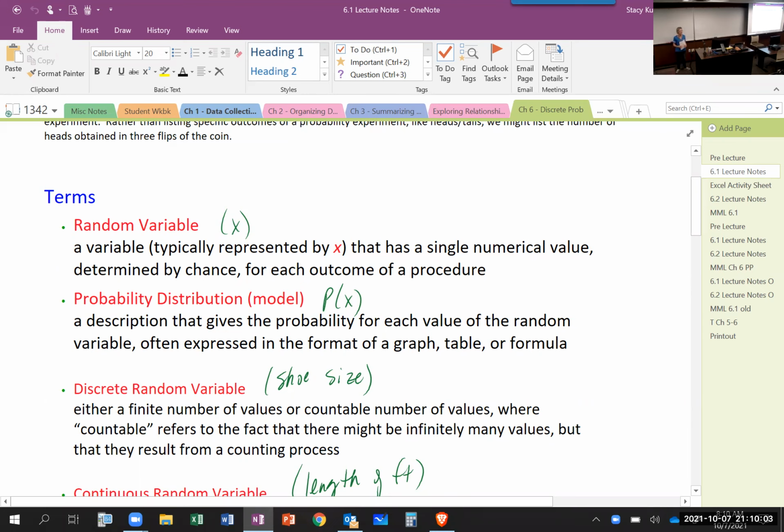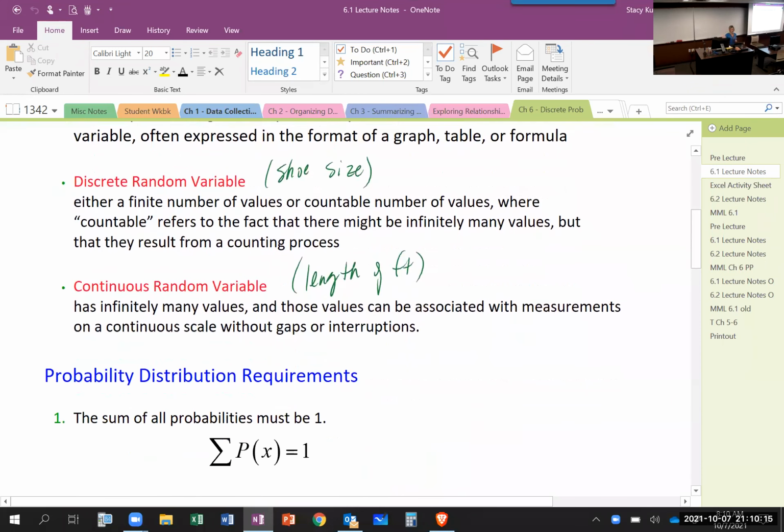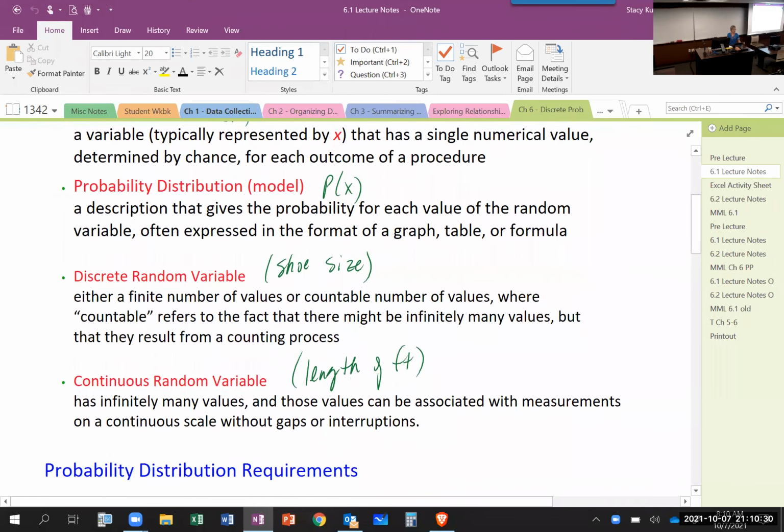All right, and you'll see that we are fairly familiar with this concept. It's just we're renaming it, I suppose, or reevaluating it. We know what a discrete random variable is, and we'll move into a continuous random variable later on. Okay, so when we think about this, we have our probability distribution, right? Our probability model.